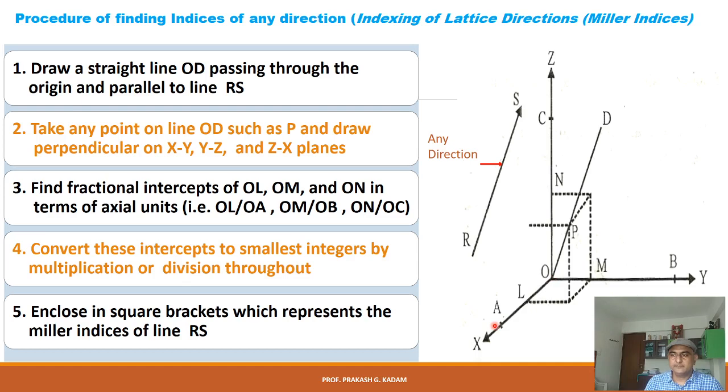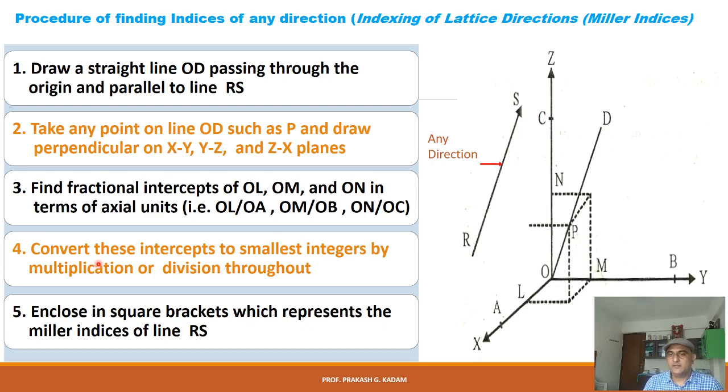The unit cell length is, suppose, A. The distance OL divided by the total length OA is the fraction of that point located on line OD, which is parallel to RS. We find first OL by OA, similarly OM by OB and ON by OC. That fraction we have to find.